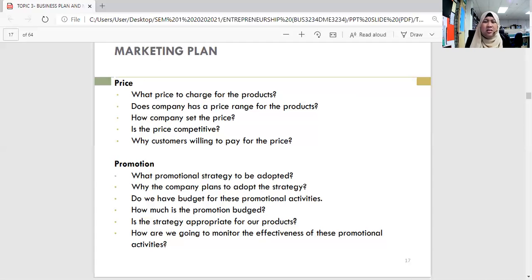It's more on the revenue of the company itself.